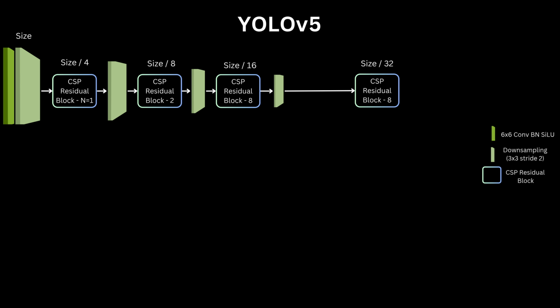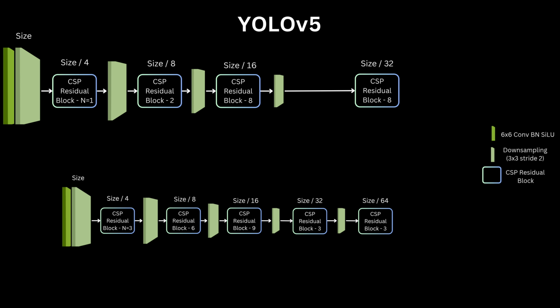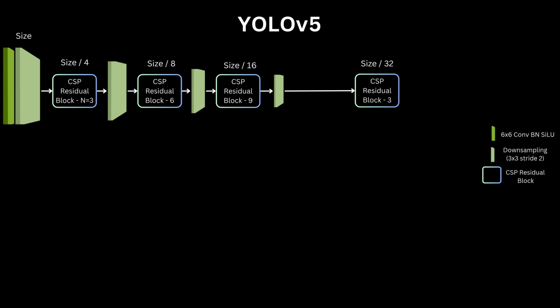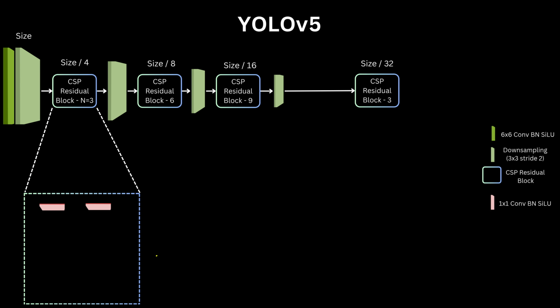This is for the case when the stride factor of the network is 32. In some variants, we also work with a stride factor of 64, and in those, we have additional CSP residual blocks. There is also a change in the n values for each block. Like we saw for YOLO v4, these n values are the number of residual blocks that one part goes through. The partitioning is again done via 1x1 convolution layers, with each part having half channels.